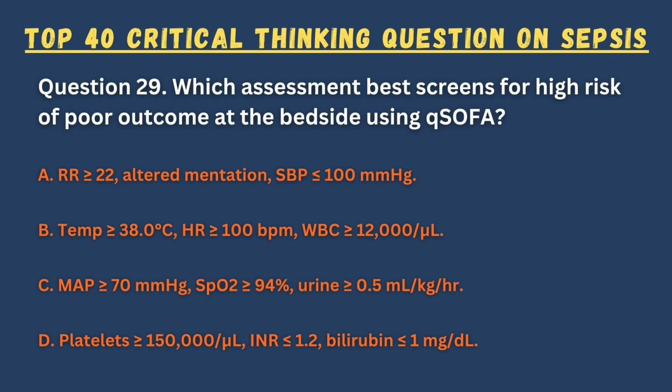C. MAP greater than or equal to 70 millimeters of mercury, SpO2 greater than or equal to 94%, urine greater than or equal to 0.5 milliliters per kg per hour. D. Platelets greater than or equal to 150,000 per microliter, INR less than or equal to 1.2, bilirubin less than or equal to 1 milligram per deciliter.